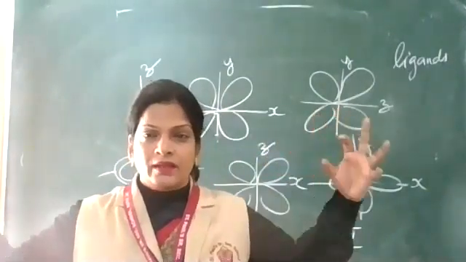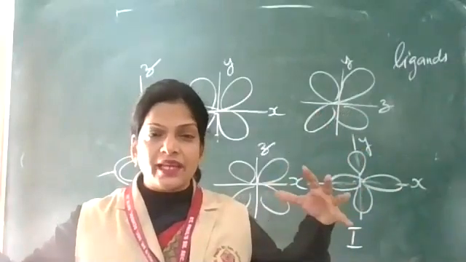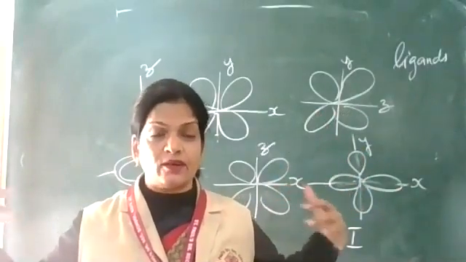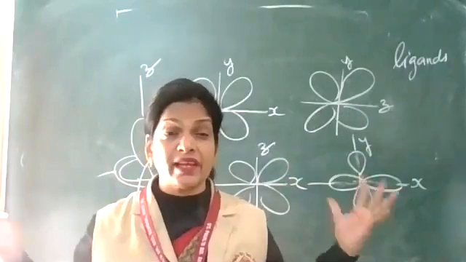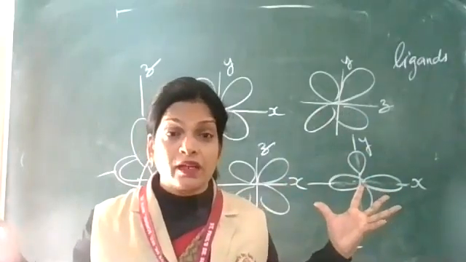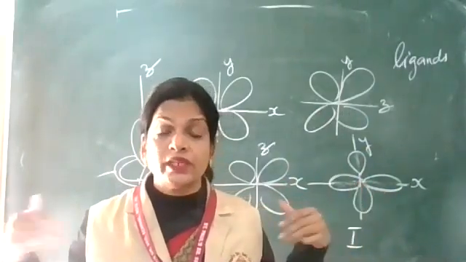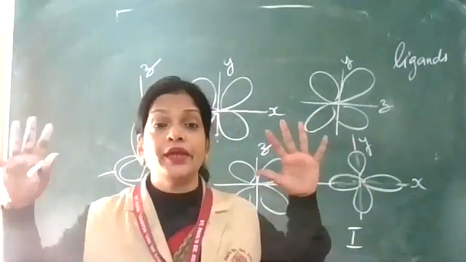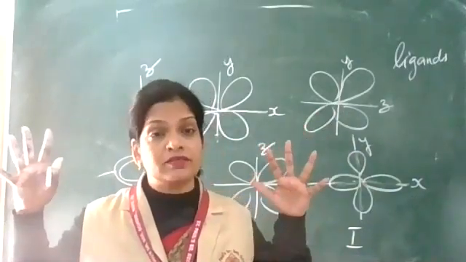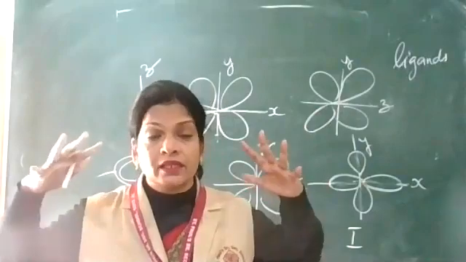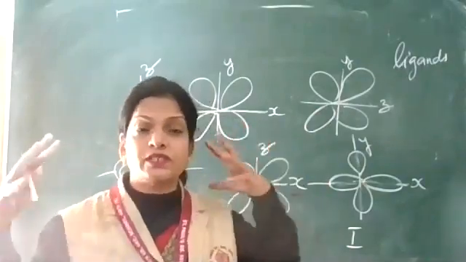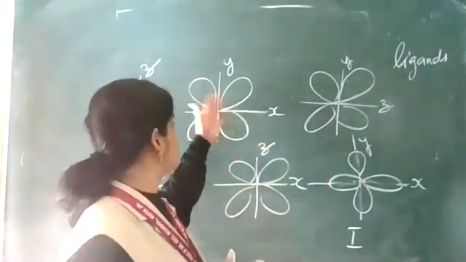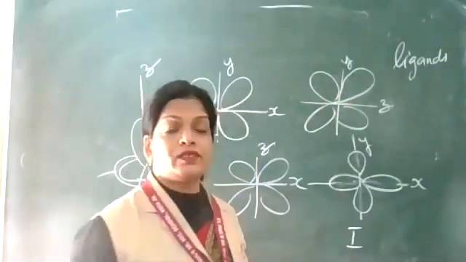Then the orbitals which are lying on the axes will be under repulsion, so their energies will be high. The energies of orbitals lying in between will be lower.